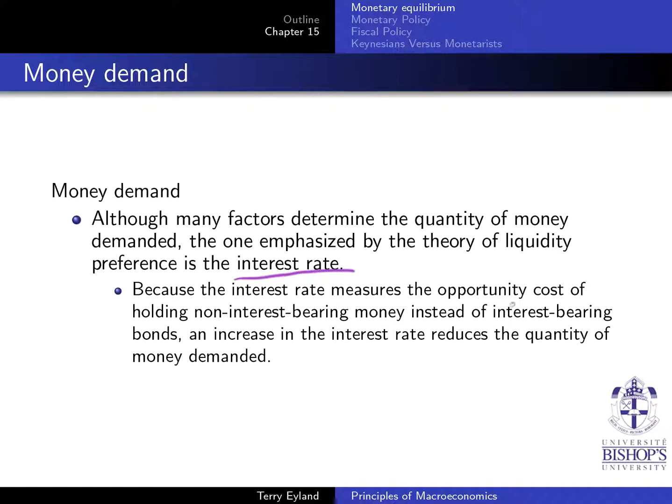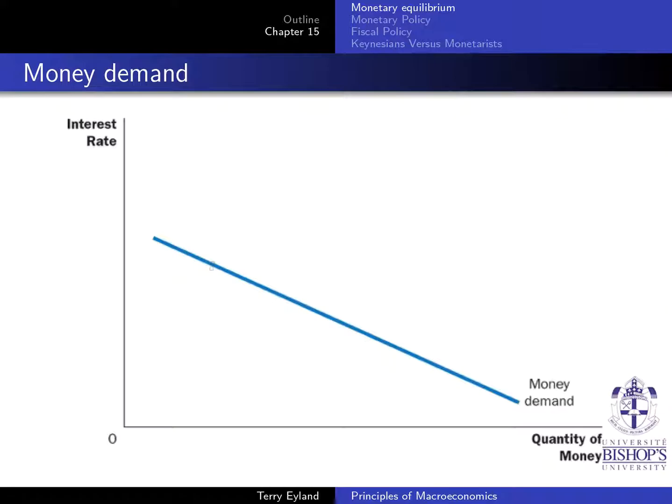Because the interest rate measures the opportunity cost of holding non-interest-bearing money instead of interest-bearing bonds, an increase in the interest rate reduces the quantity of money demanded. So if interest rates are very high, I'm going to want to keep as little money as possible as cash or cash equivalent, so money in my checking account. If you can get like 30% on bonds, why keep money as cash? You're giving up a lot of interest.